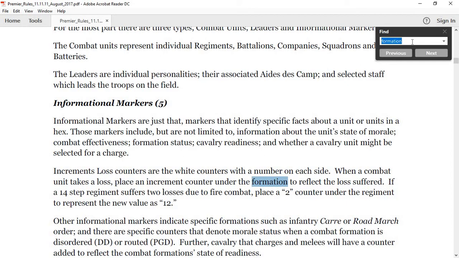When a combat unit takes a loss, place an increment counter under the formation to reflect the loss. See, that looks synonymous with unit or counter. Other informational markers indicate specific formations, such as infantry square or road march order. Again, that's like line and column and skirmisher. And there are specific counters that denote morale status when a combat formation is disordered or routed, DD and PGD.